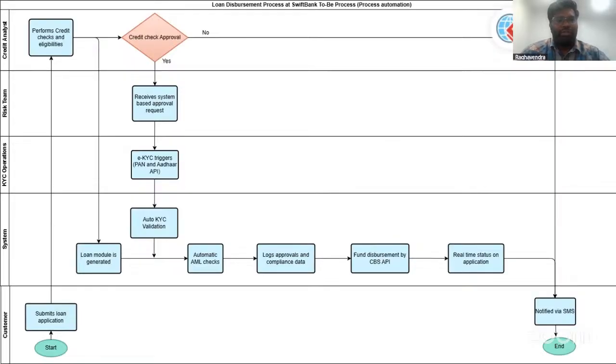You might be wondering what is risk and AML. So let me give you an example. What if you go to four banks in the same day? On the same day, you go to four different banks and apply for different loans.